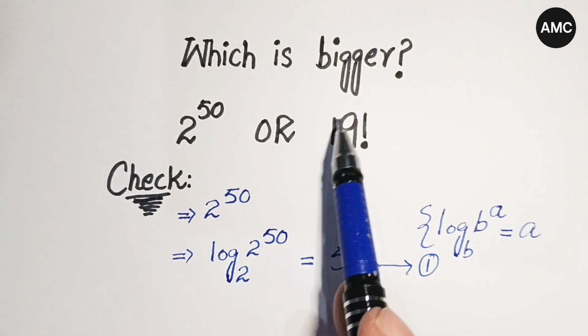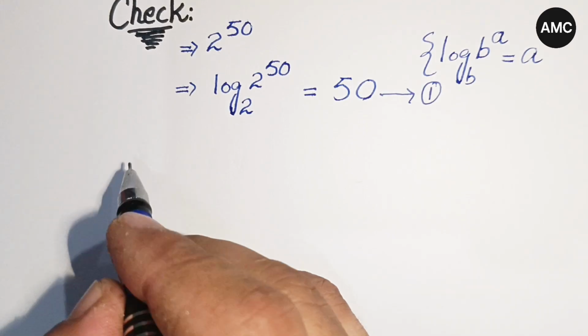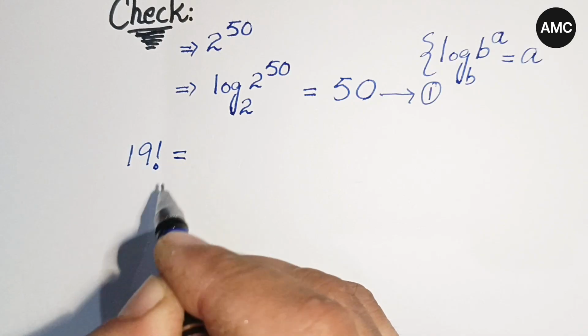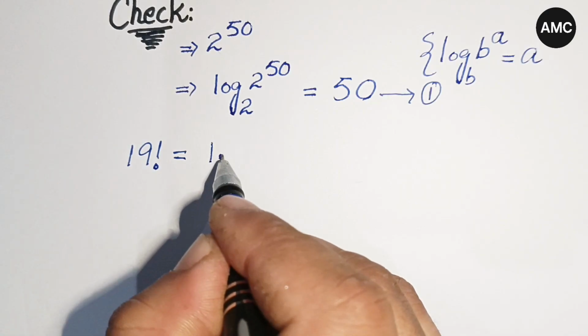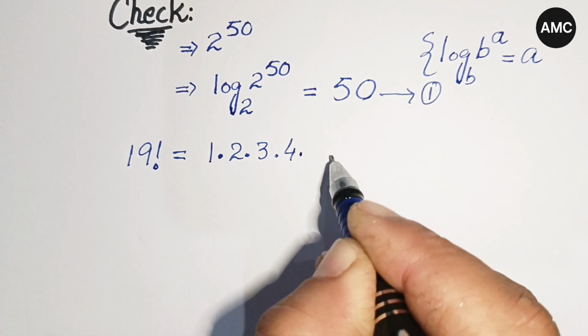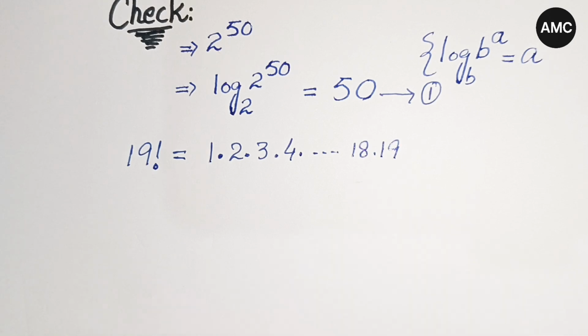Now we are going to check this 19 factorial. 19 factorial is written as 1 times 2 times 3 times 4 up to 18 times 19.